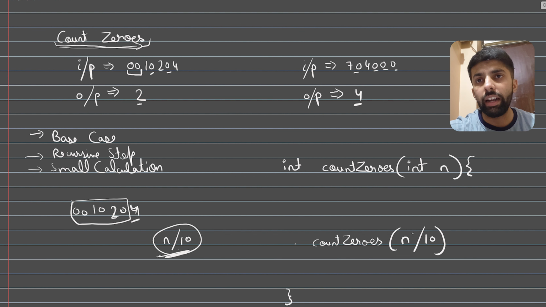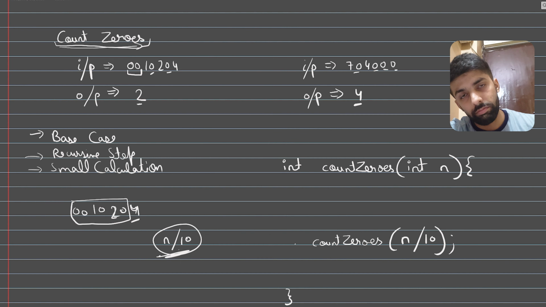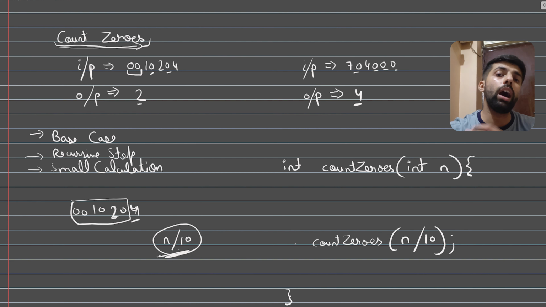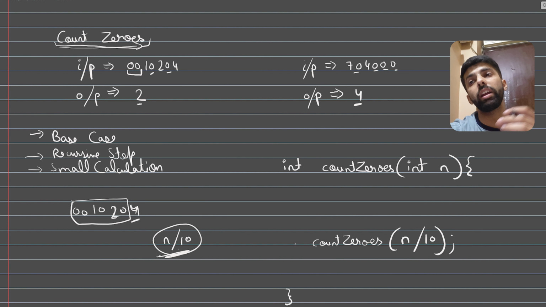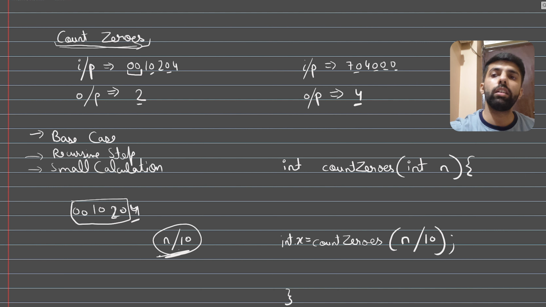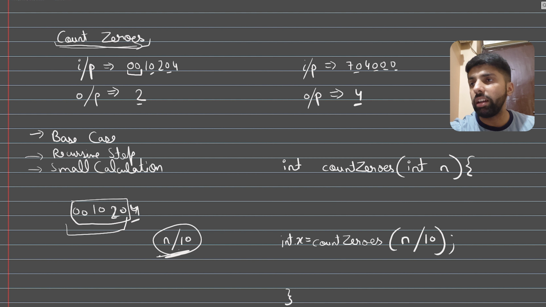I will not think how recursion will solve the problem, how recursion will count the zeros. I won't think any of that. I will just assume that this will bring me the answer in this variable. So when recursion is done with this, I will have the answer till this point.